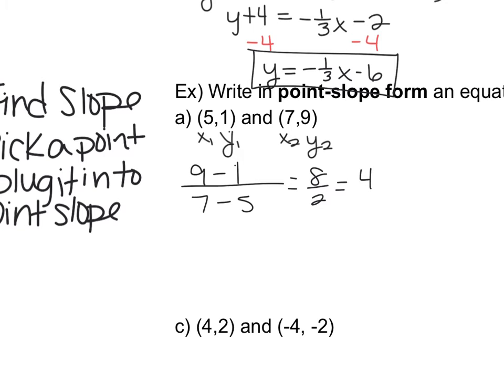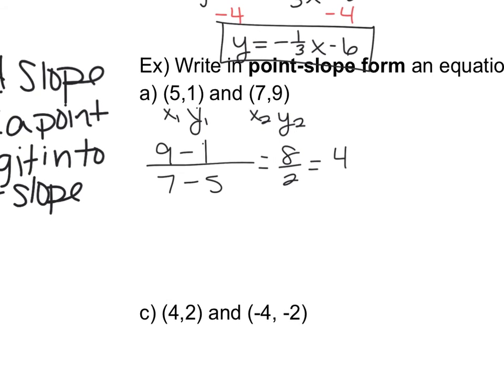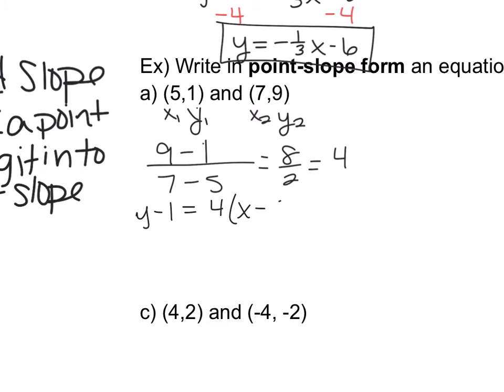Sweet. Now that we found our slope, you just need to pick one of the points. It doesn't matter which one. Let's say I pick that x1, y1 that I have labeled. So I would have y minus my y1, 1, equals 4 parentheses x minus my x1, 5. Literally, that's all they want from you.